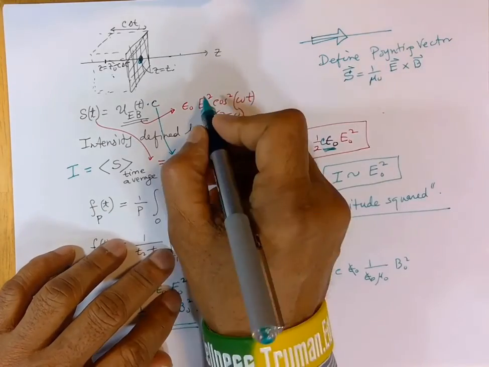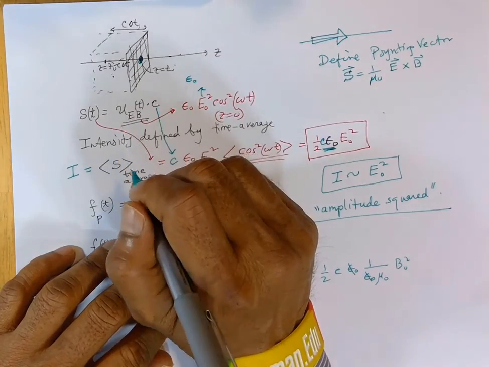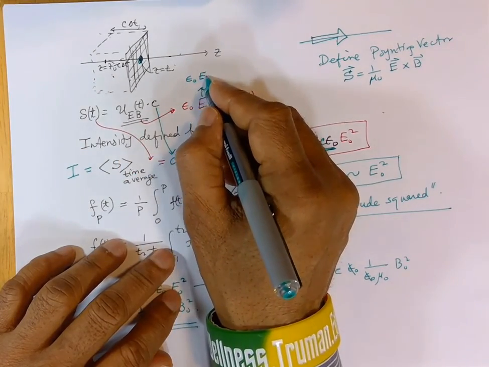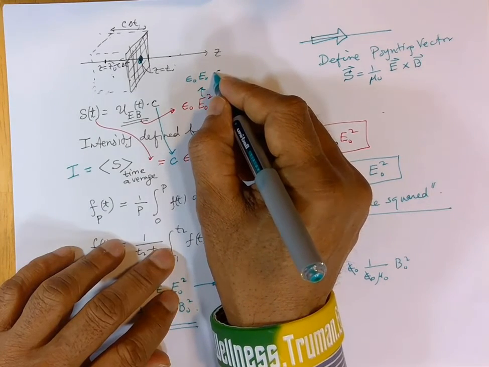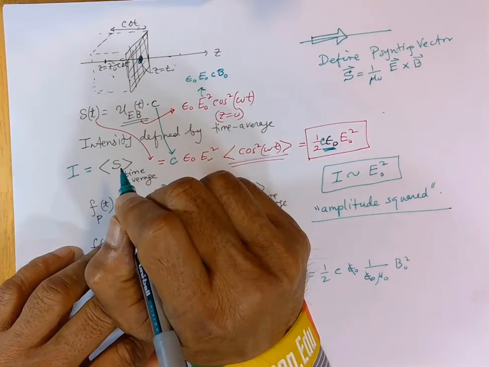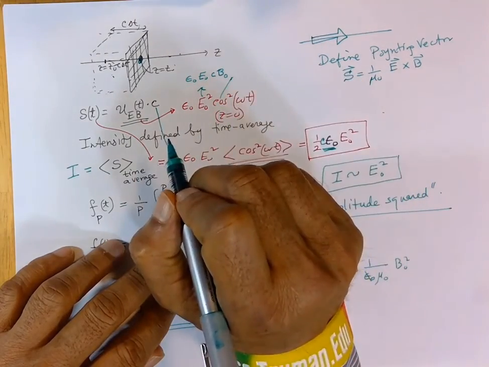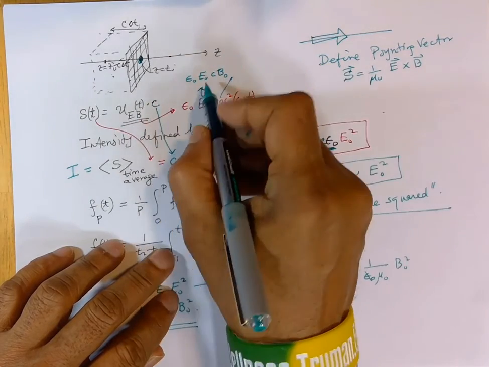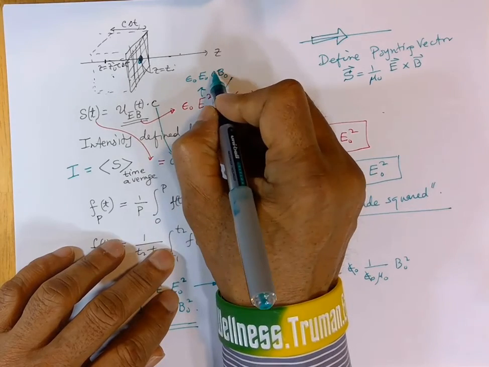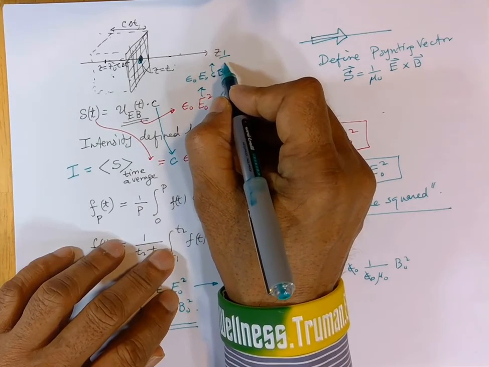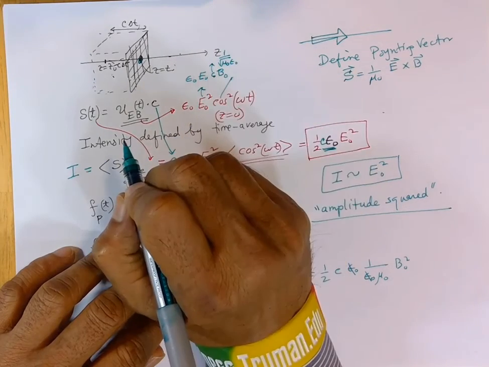so as if, you can see here, as if I did this epsilon naught, okay, and just kept one of these, and the other one I wrote down c times B0, and I just leave this alone, and then I wrote c as 1 over square root of mu naught epsilon naught.